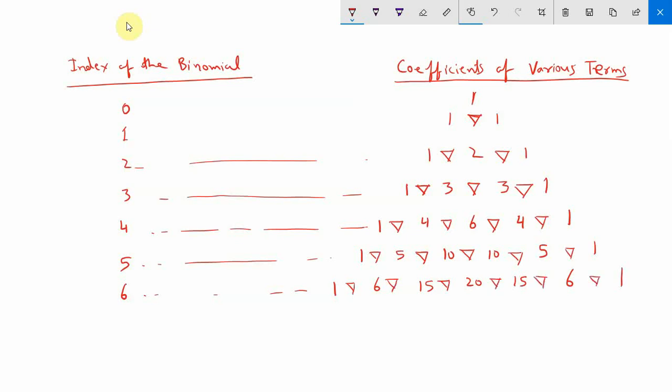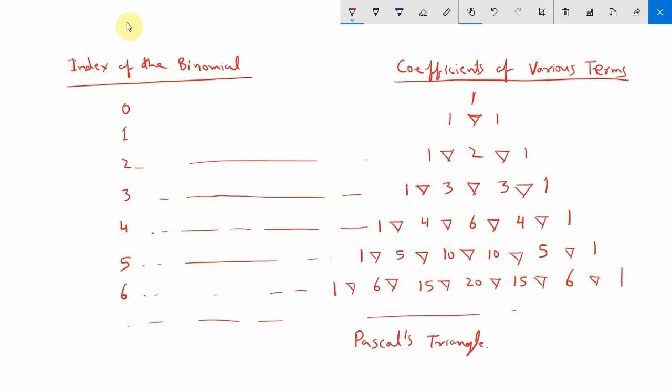But if the index increases to higher numbers, it will be difficult to form and calculate based on Pascal's triangle. So this is your Pascal's triangle. Okay.